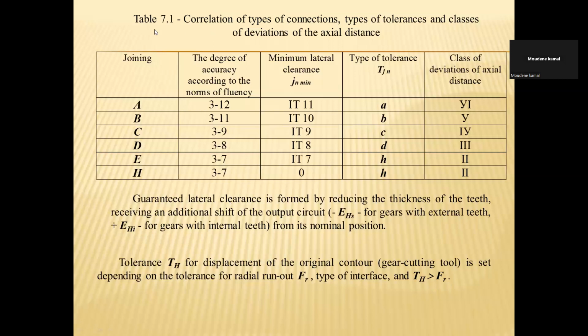Please write down in your notes table 7.1. This table needs to be in your notes.